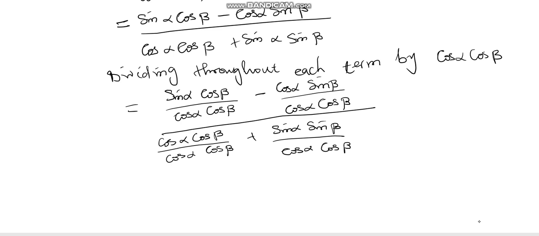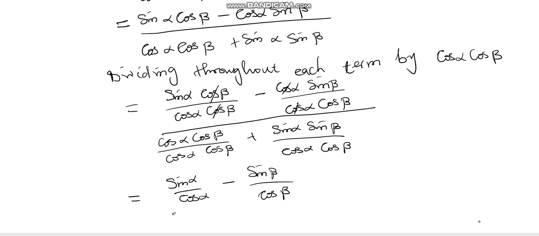Now you notice that cos beta is going to cancel out, cos alpha is going to cancel out there. Then this will just give us 1. So here we're simply going to have sine alpha divided by cos alpha minus sine beta divided by cos beta.